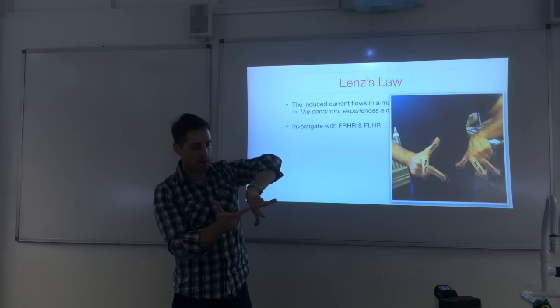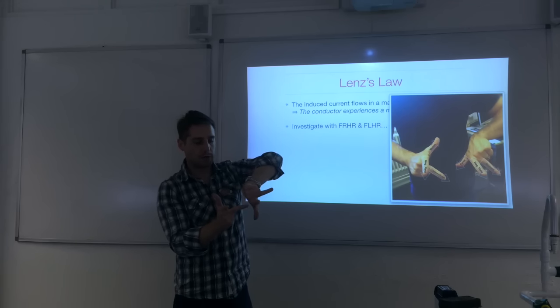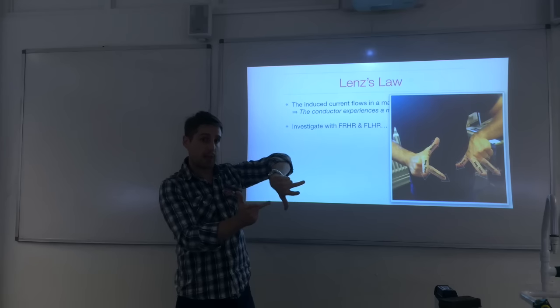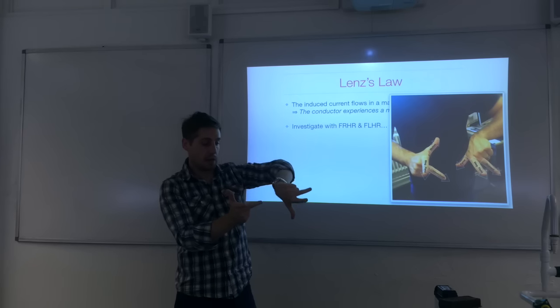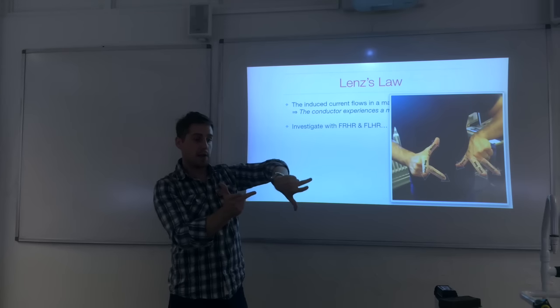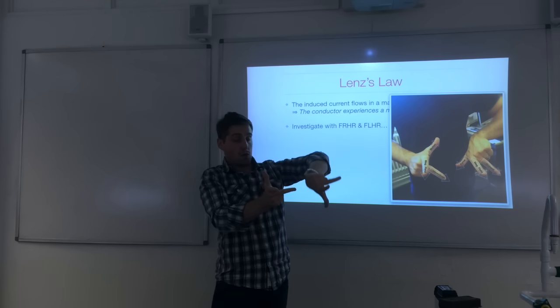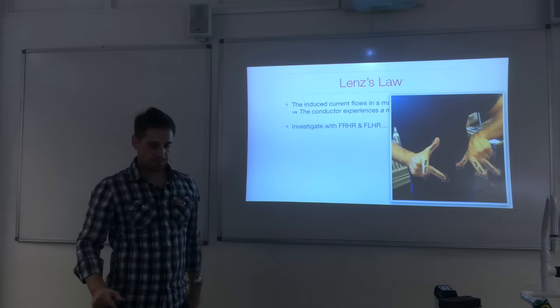So I align the current with the induced current direction, and now I align the field directions because it's the same magnetic field for both of these circumstances. And you can see that the magnetic force on my left hand here is in the opposite direction to the motion.